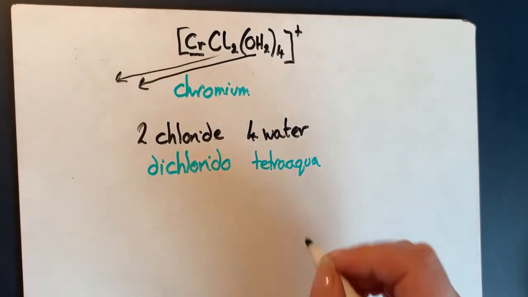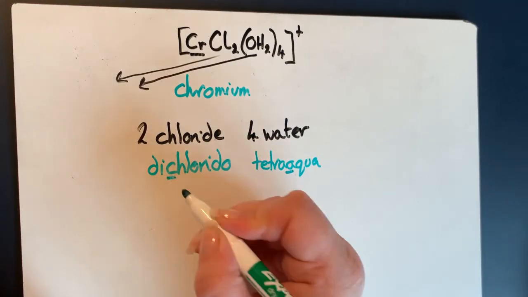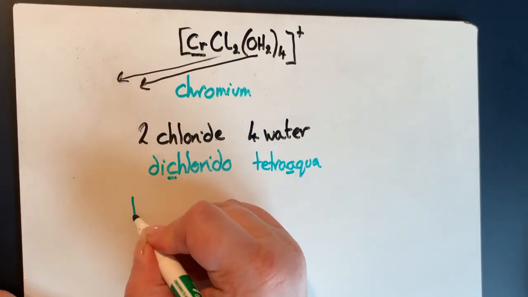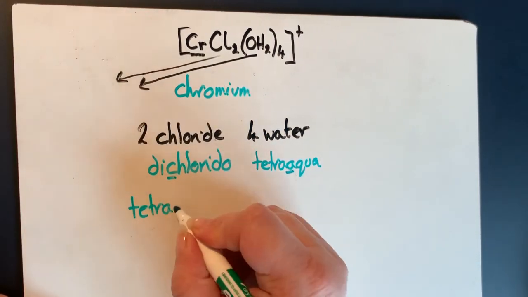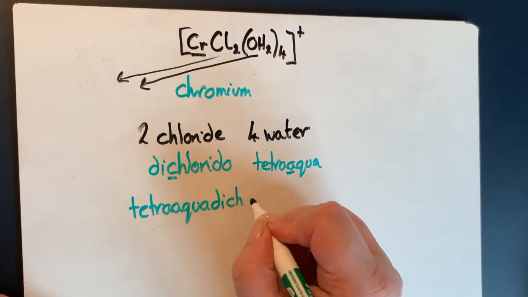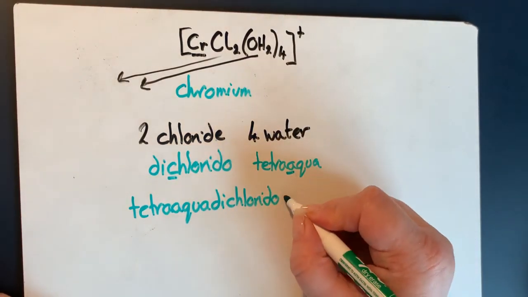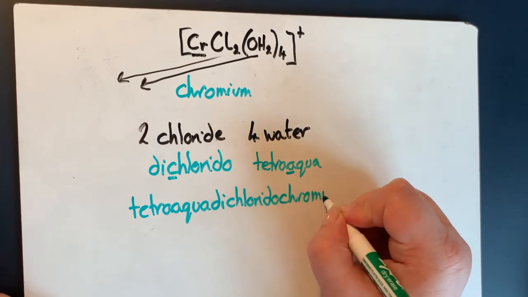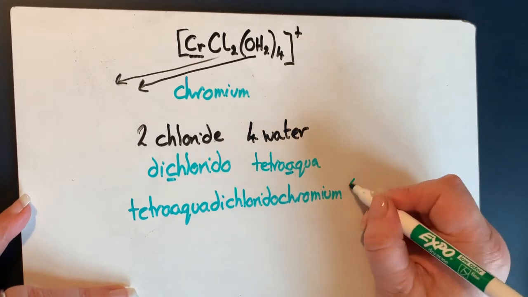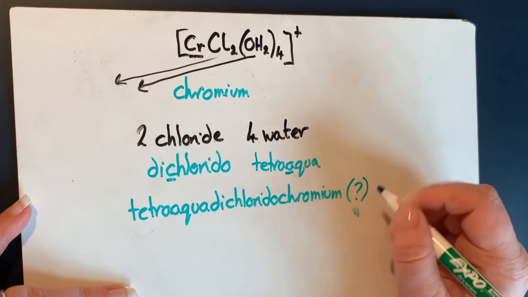So putting that all together and remembering that we name these alphabetically based on the name of the ligand, we will have tetraaqua, dichlorido, chromium, no spaces, and then all that's missing is the charge.